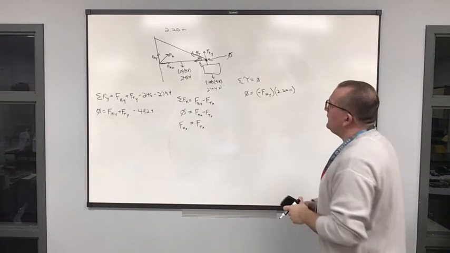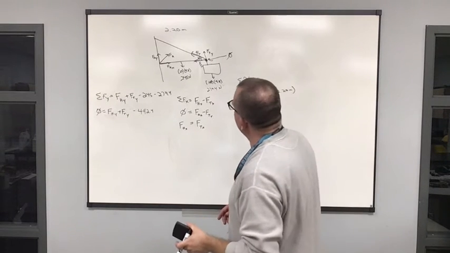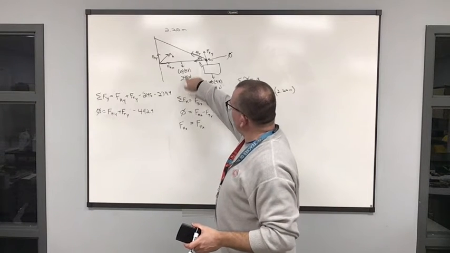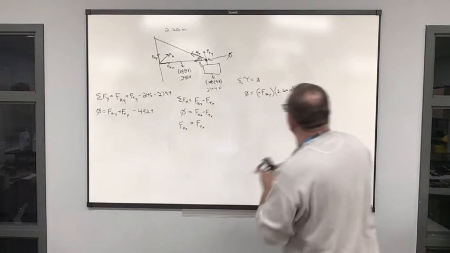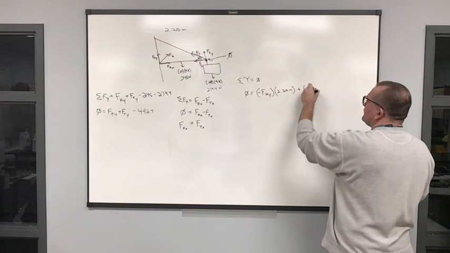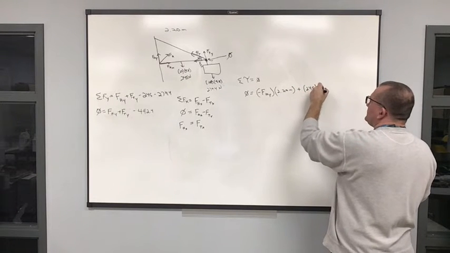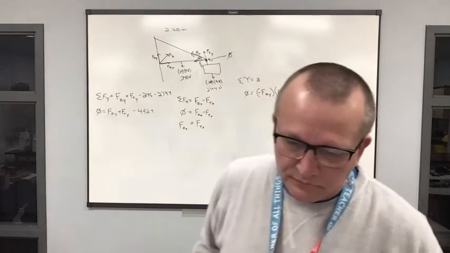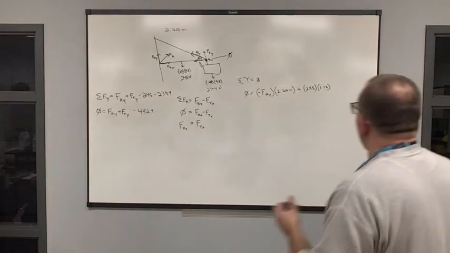And then we look at the weight, it's going to pull it in this direction, so that's going to be positive torque. So that's going to be plus 245 times the distance of 1.10. Now we can solve for F hinge y.